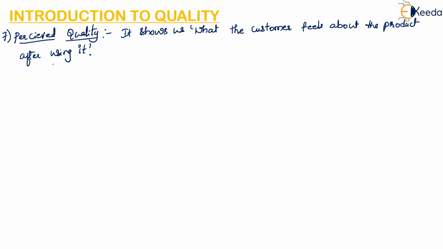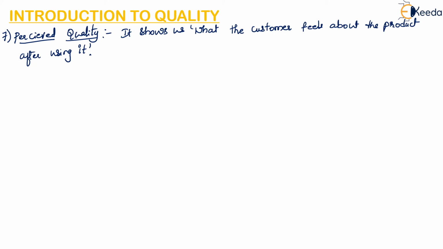The next one is perceived quality. This dimension of quality shows us the customer's feeling about the product after the customer has used it. This dimension is directly influenced by any failure of the product that is highly visible to the public, or the way the customer is treated when a quality related problem with the product is addressed.